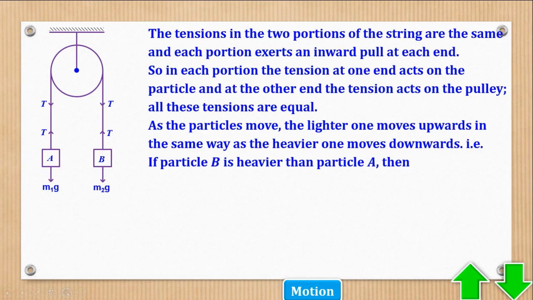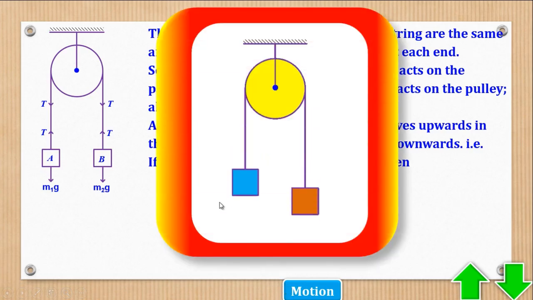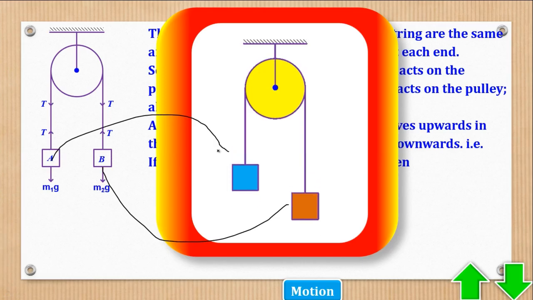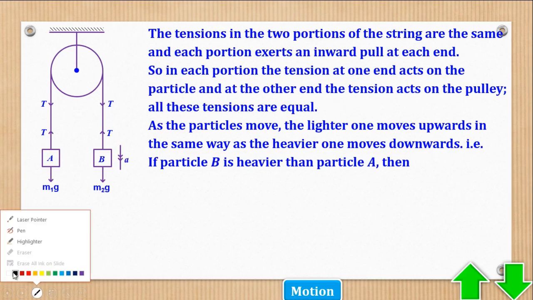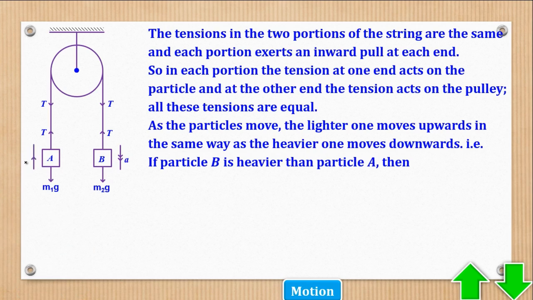Let's try to illustrate that. So I think we realize this particle is moving downwards and this one is moving upwards. So the direction of motion, like we have always done, will be represented by acceleration. So you come and put a downward acceleration on particle B and then upward acceleration on particle A. Okay. So there are some things you need to note.